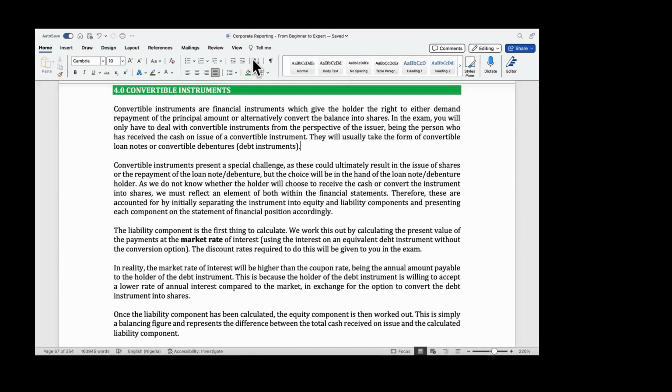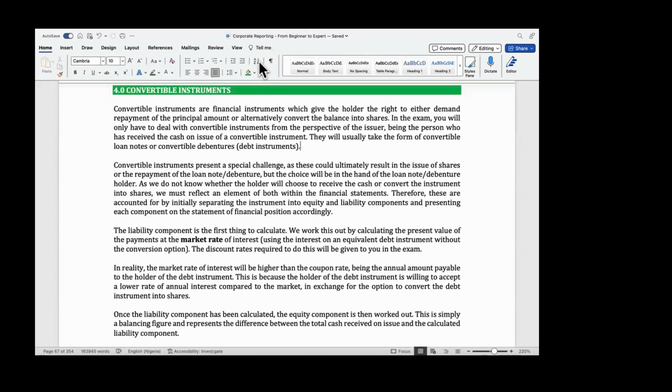So how do I determine my liability? I'm determining my liability at the date I borrowed the money, because that's the day I'm borrowing the money and I need to know the value of that liability. So the value of that liability is simply this: I'm paying interest, let's say for the next 3 years.